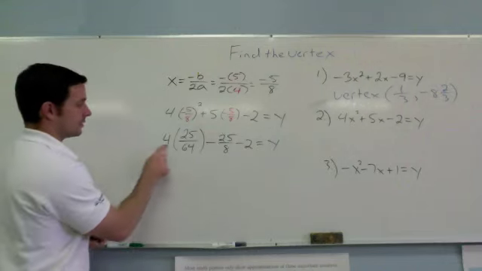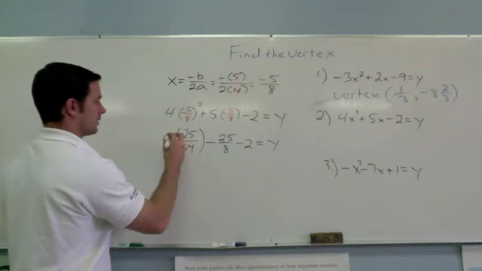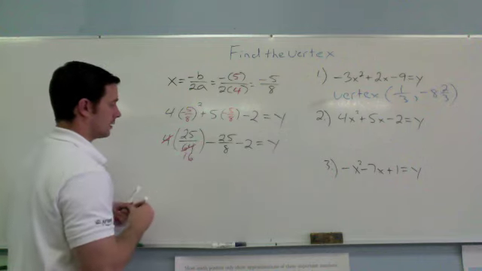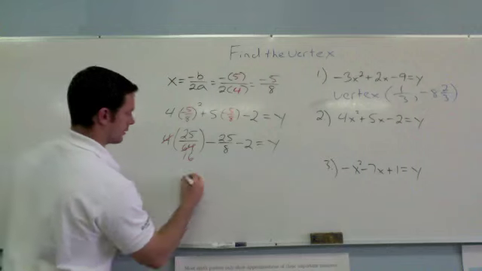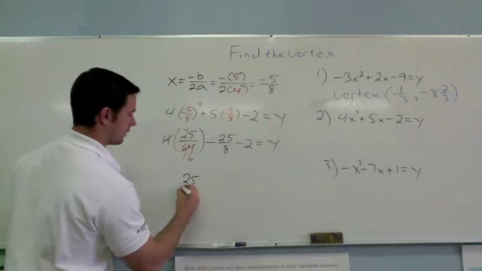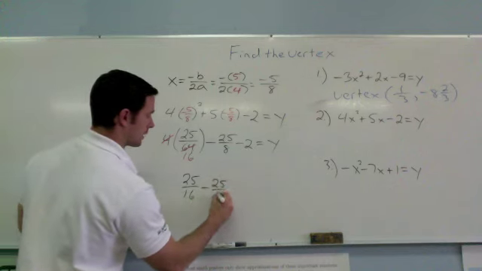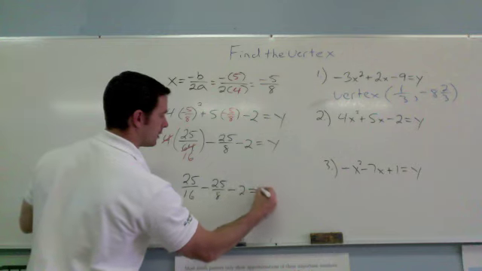From here, these two numbers can reduce. So this one cancels, this will become a 16. So that's going to leave me with 25 over 16 minus 25 over 8 minus 2 equal to y.